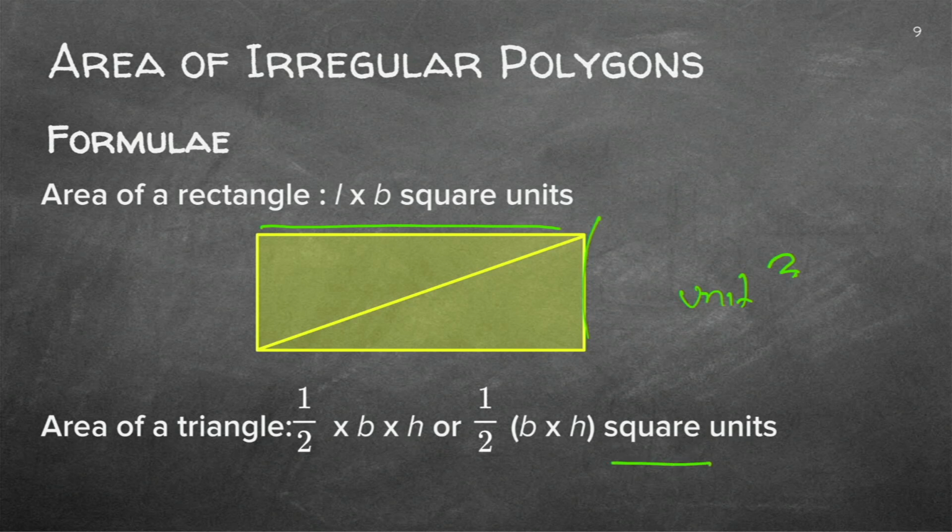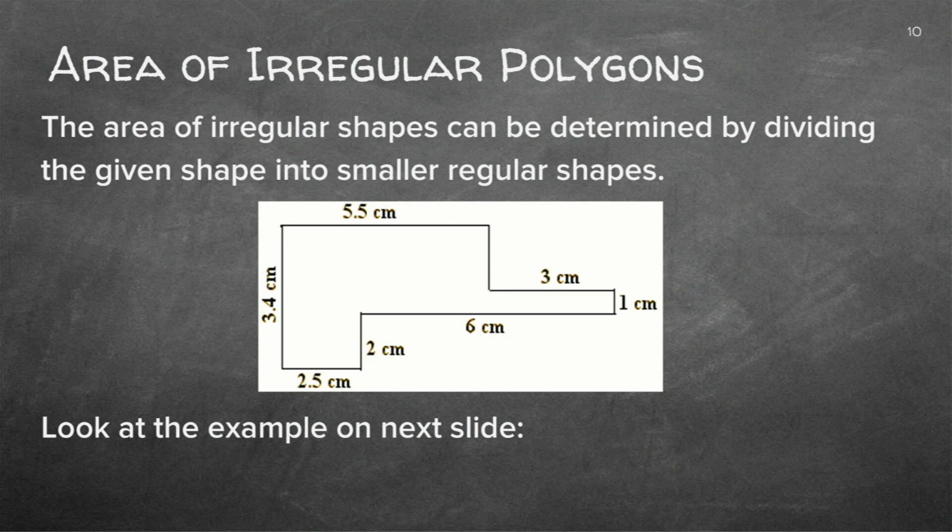Now, if they ask us that same example as the previous one, and they ask us now to work out the area of this, this is so much fun because we are now going to divide this into smaller areas that we know we have got the formula for, right? So there's a little rectangle and there's a rectangle. So we've got 1, 2, 3 rectangles that we've got the formula for. So we're going to work it out and just add them together.